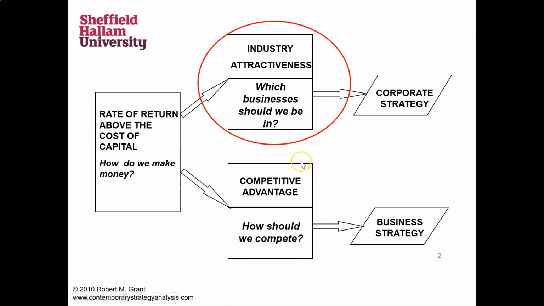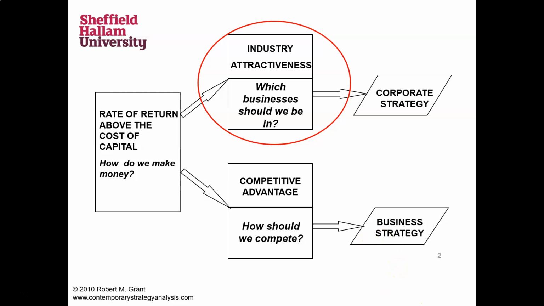We've looked in recent weeks at how an organisation can achieve competitive advantage in a given industry through developing the right strengths, acquiring the right resources, and doing things right, having the right processes. This can give it a competitive advantage, and this is known within strategic management as business strategy, or business level strategy.